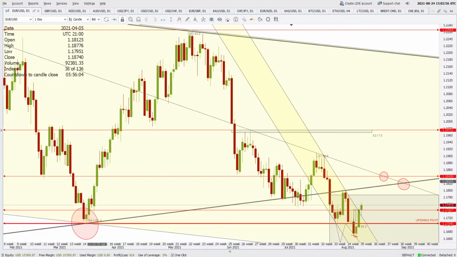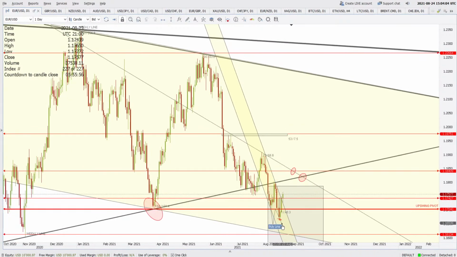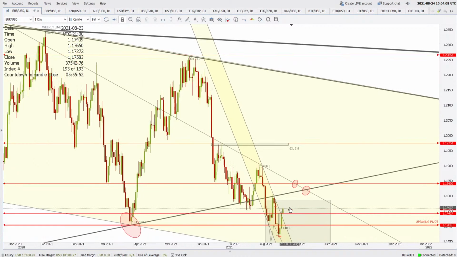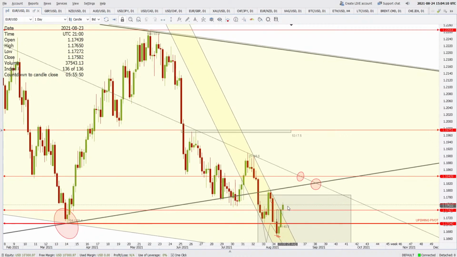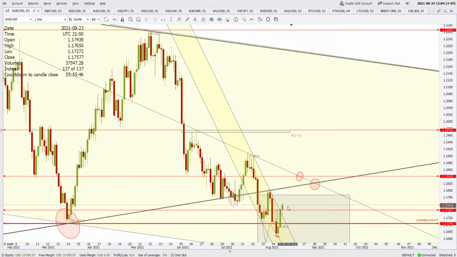Okay friends, on your screen right now is the daily chart of the EURUSD, right? After making a lower low than 1.1704, the price is actually now giving us a pullback on the daily chart. So I'm kind of able to make a channel on this one, not this but the other channel.